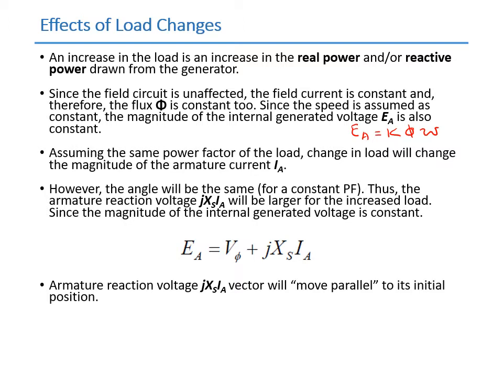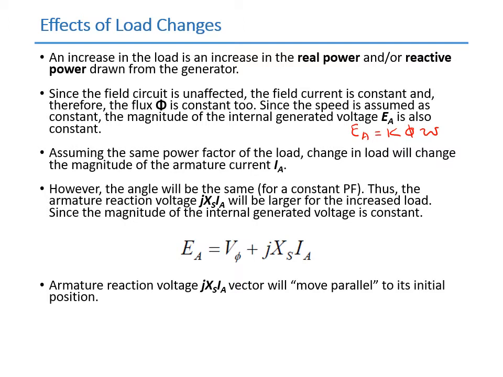Now, assuming the same power factor of the load, a change in load will change the magnitude of the armature current IA. If the load is increased, then the magnitude of IA will also increase, and vice versa: if the load is decreased, the magnitude of IA decreases. However, the angle will be the same for a constant power factor.